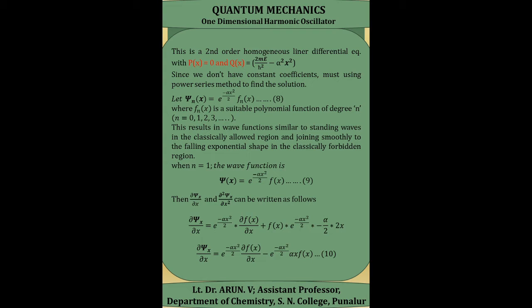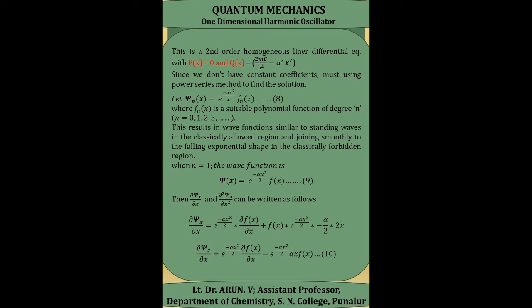So when the value of n is equal to 1, the wave function is psi(x) equal to e raised to minus alpha x square divided by 2 into f(x). Then differentiate this psi(x) with respect to x, and again take the double differentiation of this wave function. So we have to find the values of dou psi by dou x and dou square psi by dou x square.